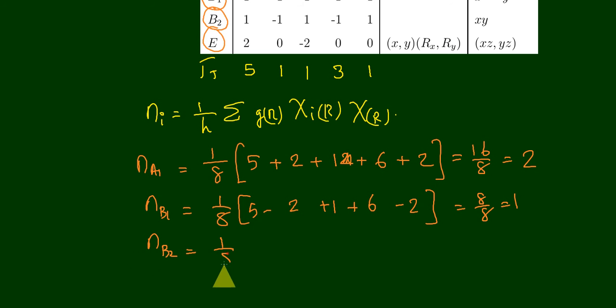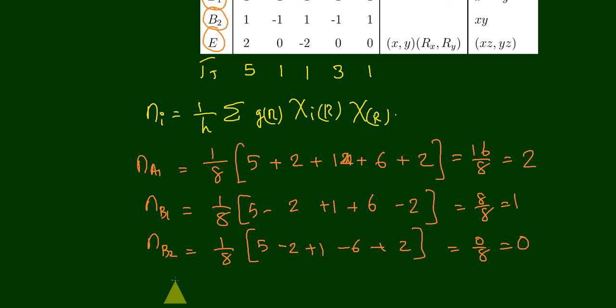And NB2 in this case is equal to 1 divided by 8 into 5 minus 2, the character set is already here, okay, B2: 5 minus 2 plus 1, then minus 6, then plus 2. So 5 plus 1, 6, 6 plus 2, 8, 8 minus 6 minus 2, that is 0, so 0 by 8, that is equal to 0.